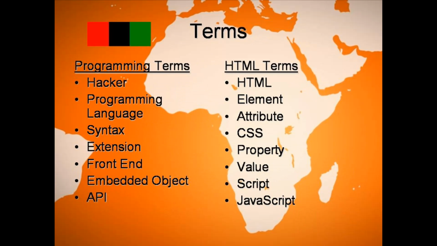These are some of the terms that we'll go over during the class. And the terms are split up in 2 categories. First, HTML terms are terms that are specific to HTML. Programming terms are specific to the world of programming languages.